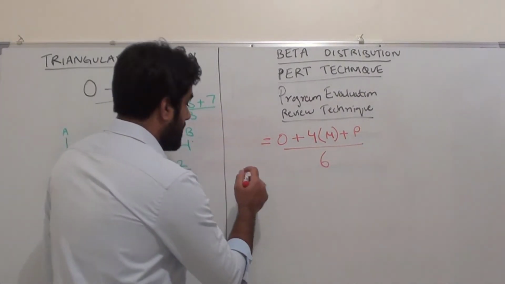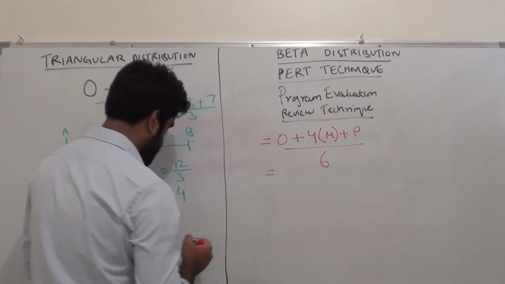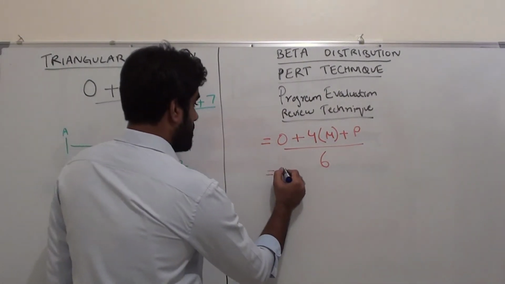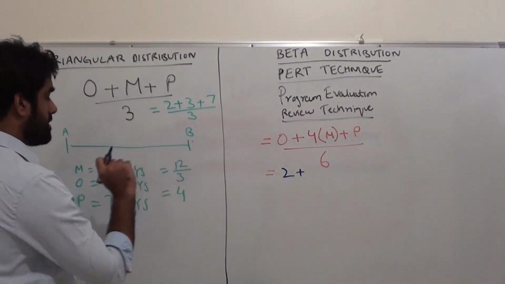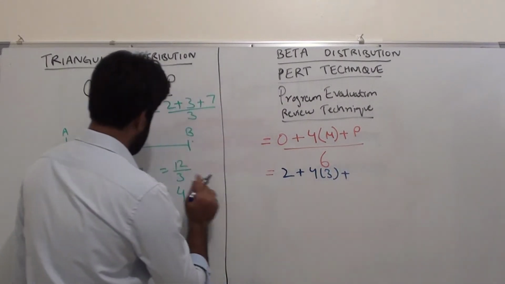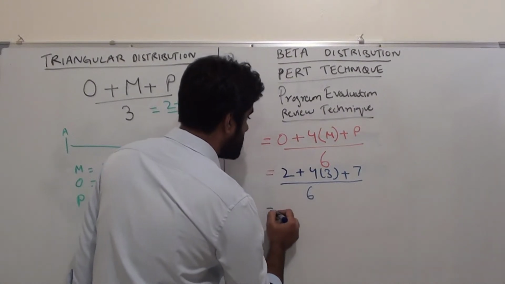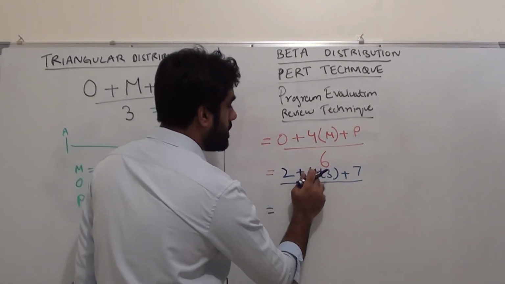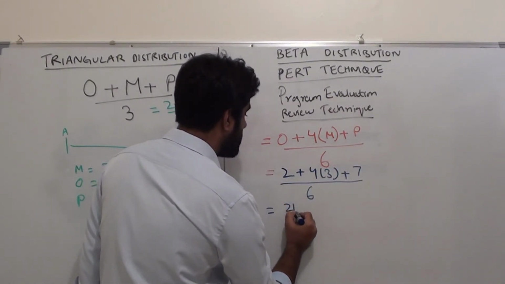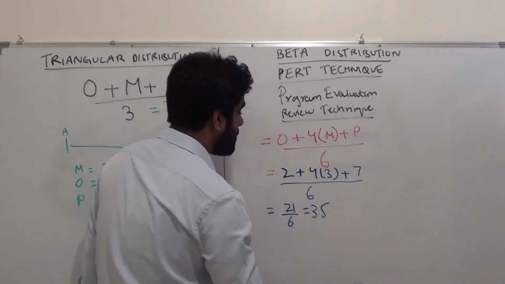So let's calculate our example using this formula. Optimistic is 2 plus 4 times most likely, which is 3, plus pessimistic is 7, divided by 6. 4 into 3 is 12. 12 plus 2 is 14, plus 7 is equal to 21. 21 divided by 6 becomes 3.5.